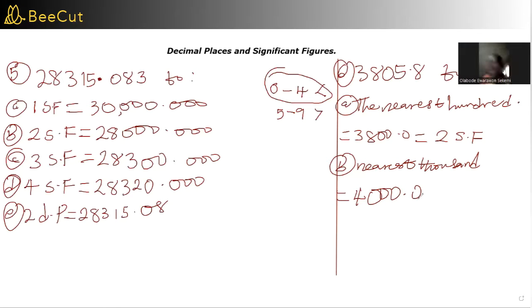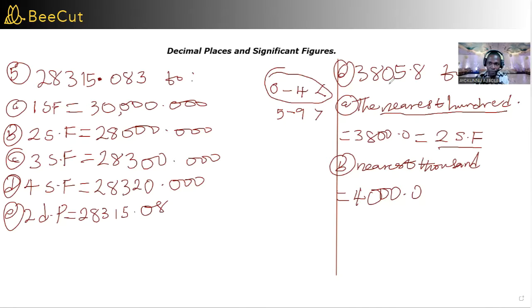That is not correct. Sometime ago, I said nearest 100 means two significant figures. Why? Because we stopped at the second digit, the second figure that is significant, for the 100.